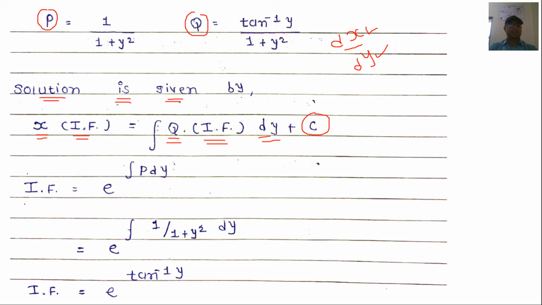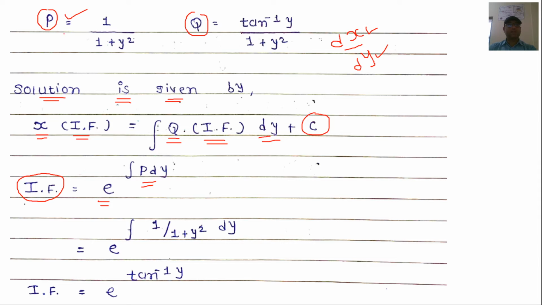Now in this case integrating factor is given by IF is equal to e raised to integration p dy, where p is equal to 1 upon 1 plus y square.